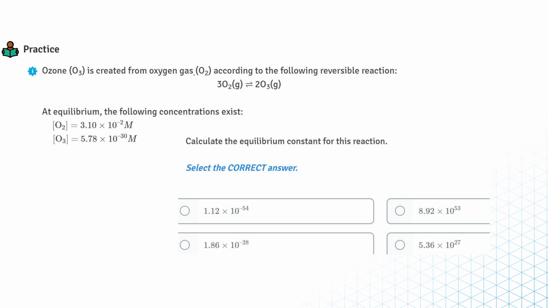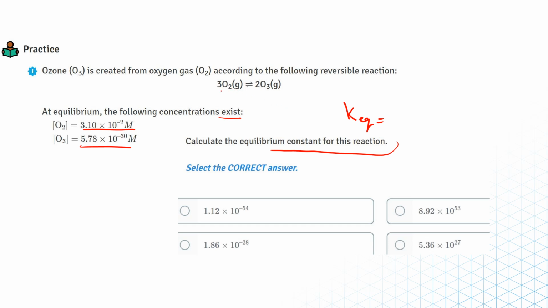Ozone is created from oxygen gas according to the following reversible reaction. At equilibrium, the following concentrations exist. Calculate the equilibrium constant for this reaction. So they want K equilibrium. What I'm interested in here is writing the equilibrium expression.